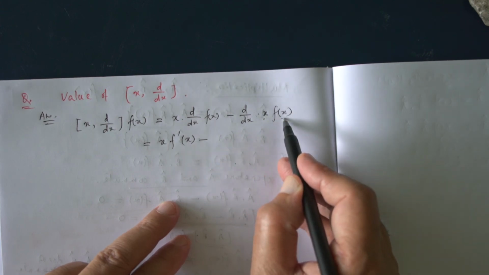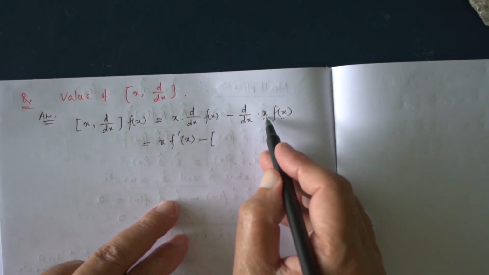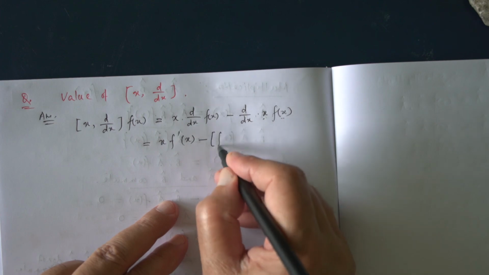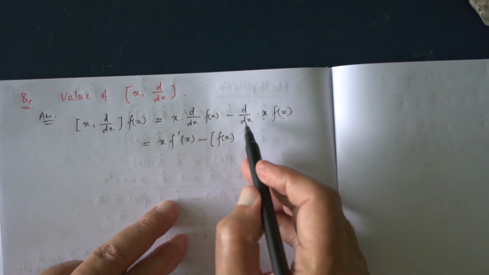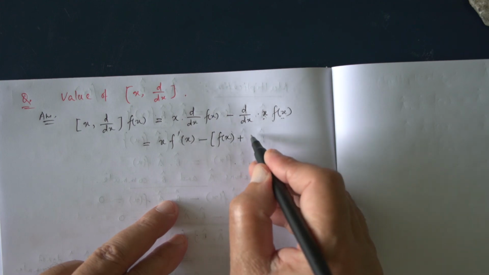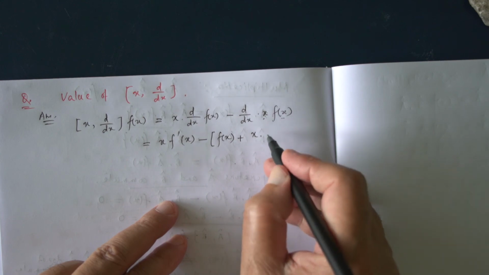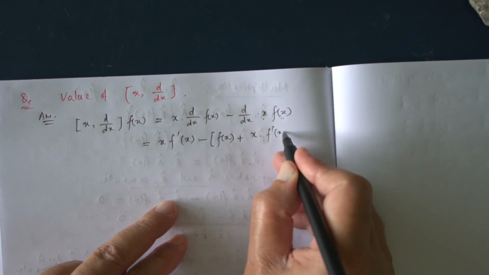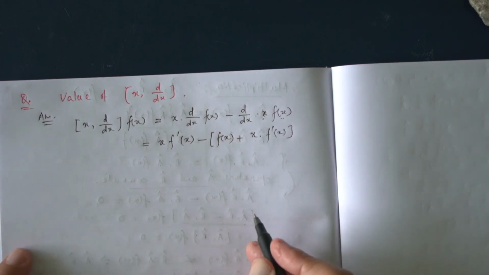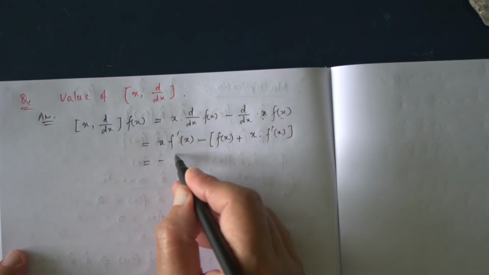So what we do: d/dx of first function x into second function, plus d/dx of first function into d/dx of second function. So this will be equal to minus f(x).